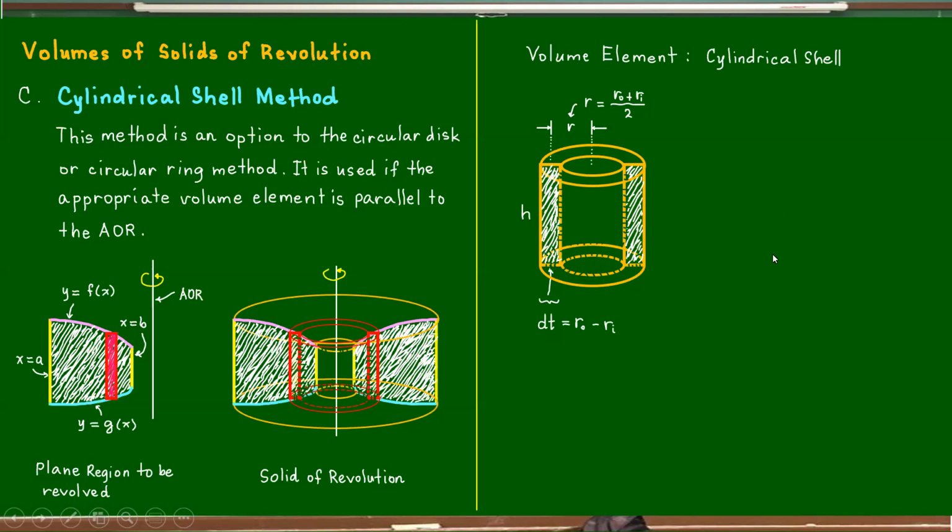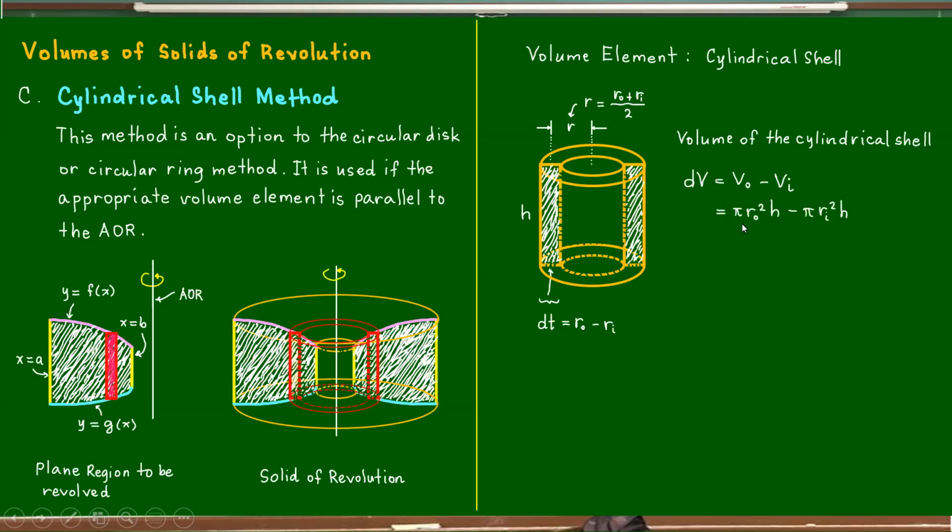So that is the thickness of the shell. For the volume of the cylindrical shell, given by dV, where V is the volume of the solid of revolution, this is equal to the difference between the volumes of the outer cylinder and the inner cylinder.